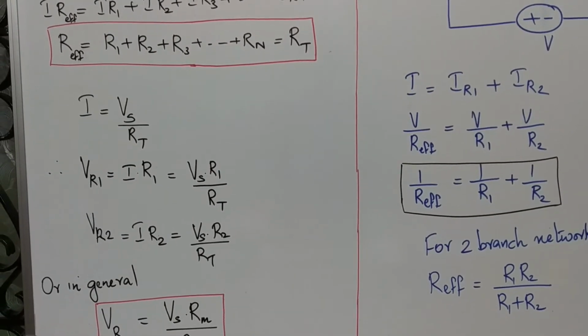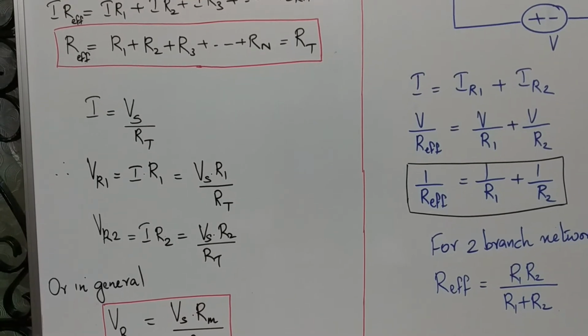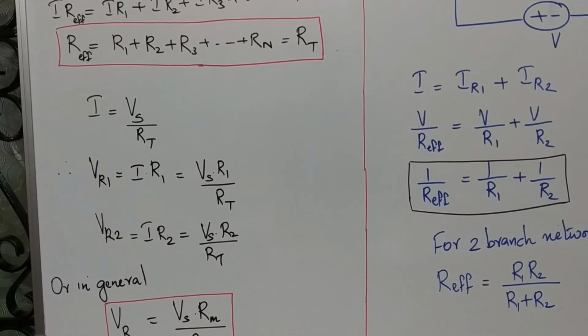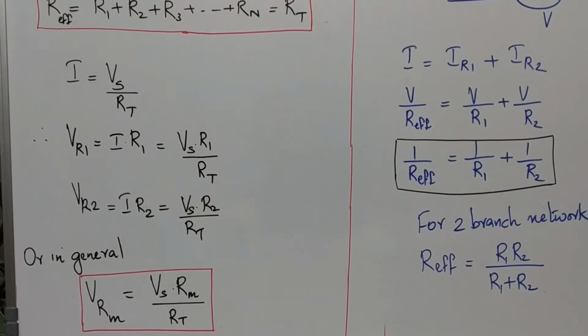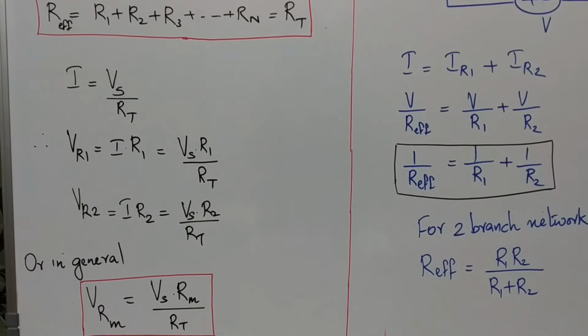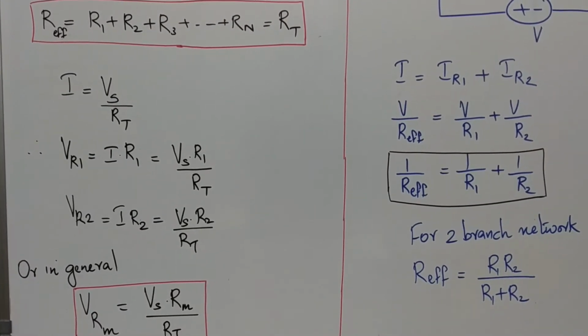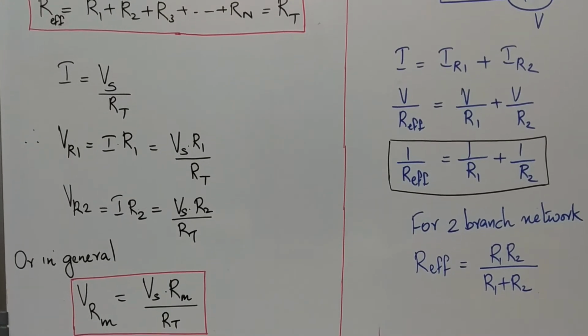Similarly, VR2 will be I into R2, which is Vs into R2 by RT.